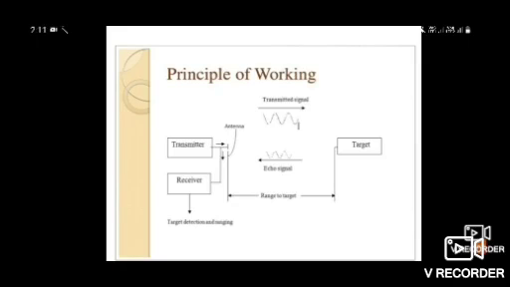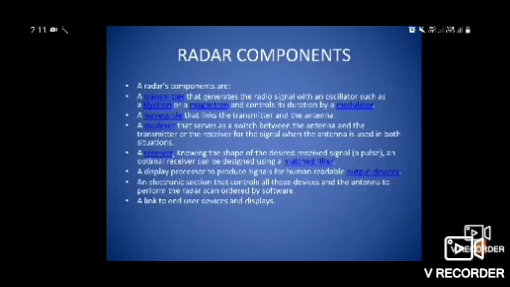To detect the particular target in a clear picture, we have monitoring systems, amplifiers, oscillators, and displays. Okay, so for detection of the target, all of this is done in our receiver system. So that is the main principle of working with this block diagram.